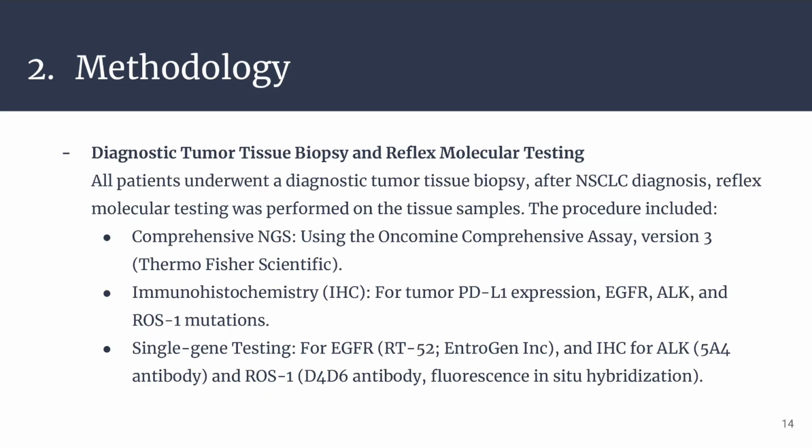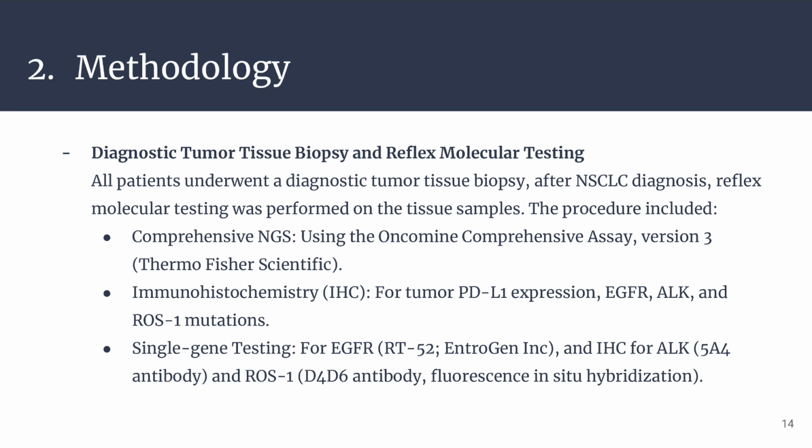After that, all patients underwent a biopsy of the lung tissue to confirm that the patient has non-small cell lung cancer. Once the non-small cell lung cancer is confirmed, further testing of the same tissue sample is automatically initiated to look for specific genes in the cancer cells.